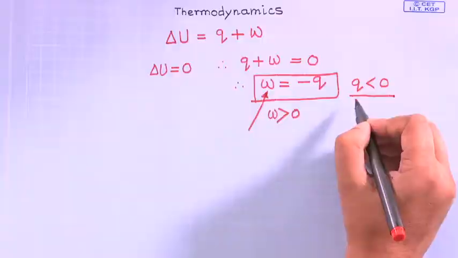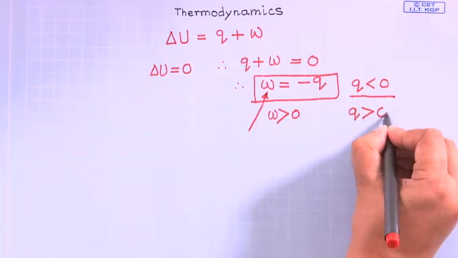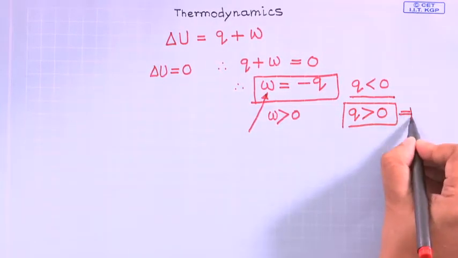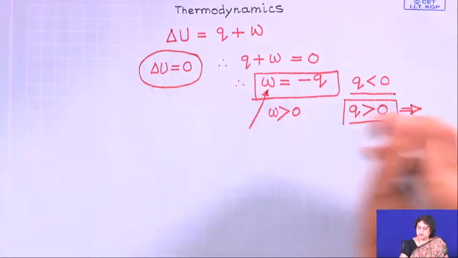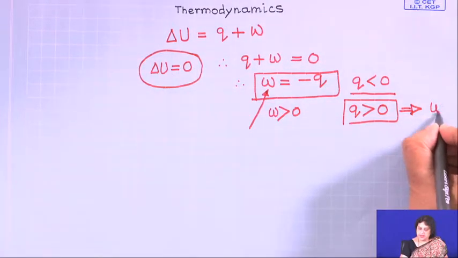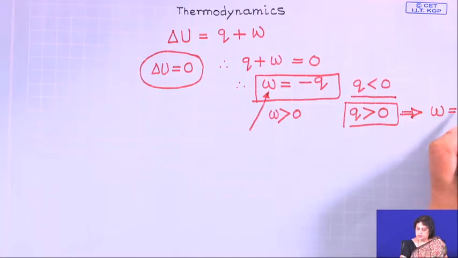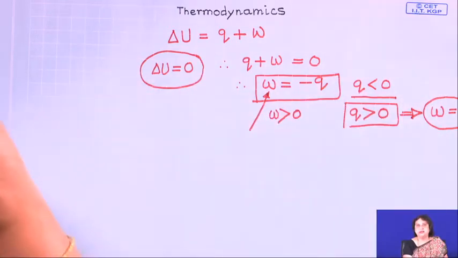Or in the other direction, if Q is greater than 0, that is the system gains heat, this implies that for the condition where delta U is equal to 0, I must have W equal to whatever heat has been supplied to the system.